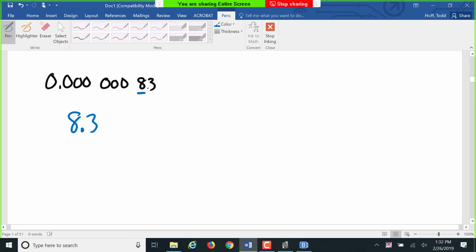I'm going to put the decimal point after the 8. Times 10 to the negative 7. Good. The decimal point had to move 1, 2, 3, 4, 5, 6, 7 spots. And that's a really small number. It is in the place values with negative powers of 10. So that is 10 to the negative 7th.